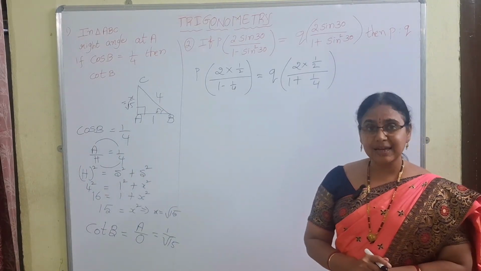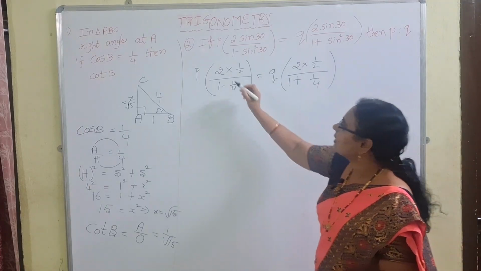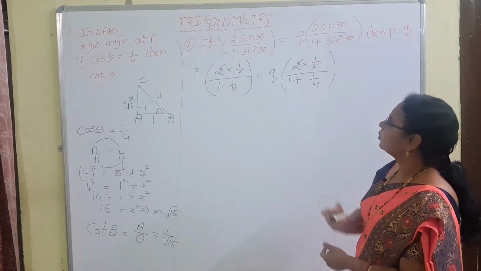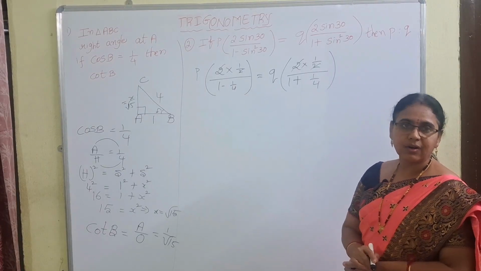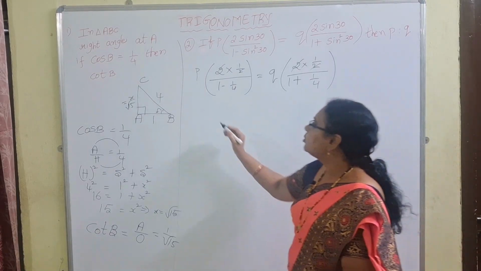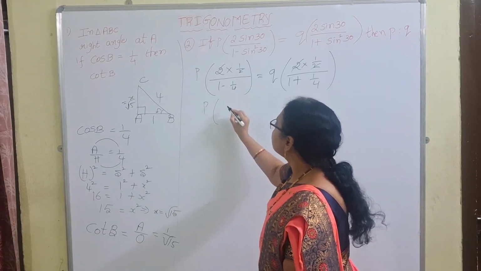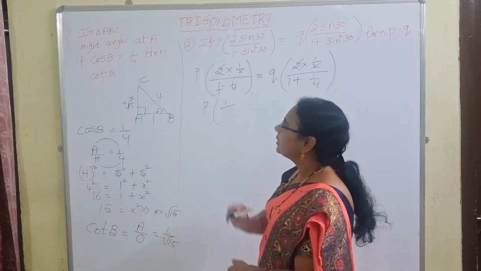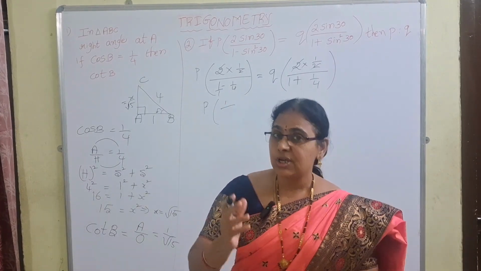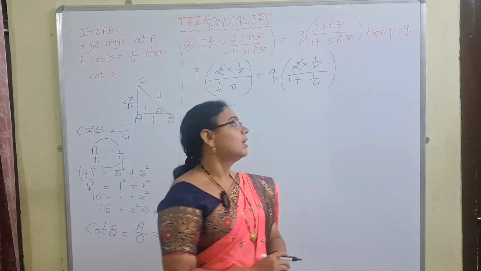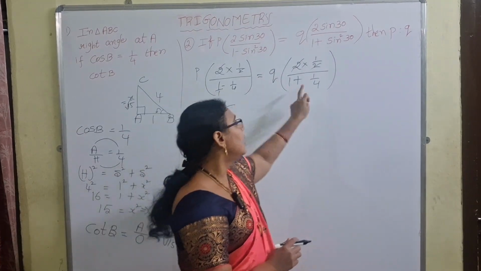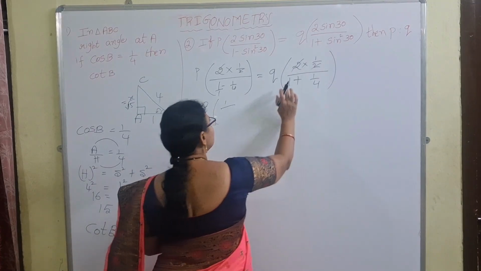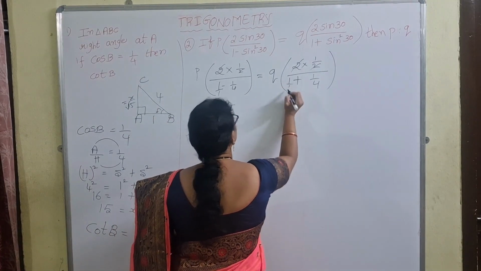Now, did you observe any cancellations? Yes, we can cancel 2 and 2, here also 2 and 2. So in the numerator we are not having any problem. The numerator is 1. P into numerator is only 1. But come to the denominator: between the fractions you observed a negative symbol, either minus or plus. You have to go for the LCM. What is the LCM of these denominators?